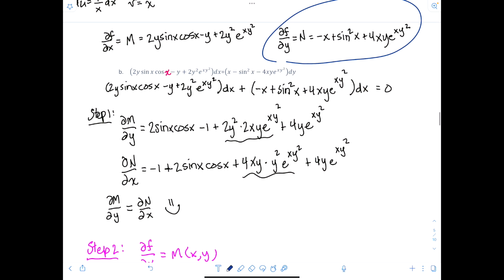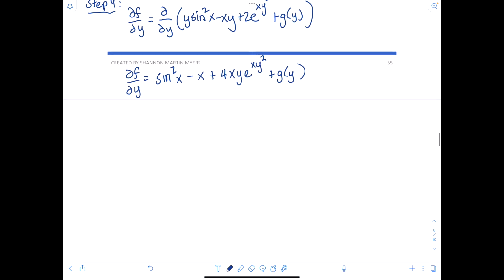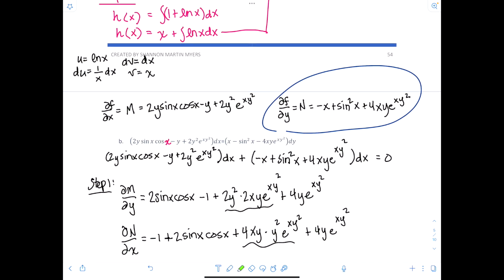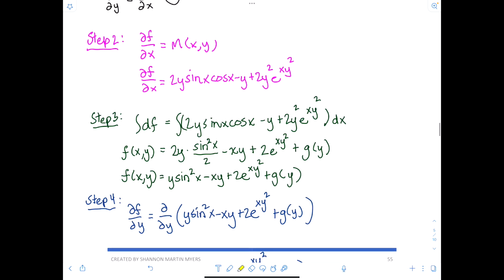So df/dy is equal to N. We'll have negative x plus sine squared at x plus 4 times xy e to the xy squared. Let me double check that, and then I'll highlight it to show you. Alright, so this was our N. I think we're good to go.